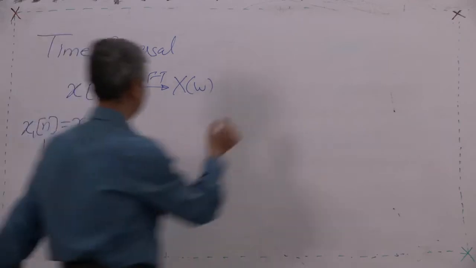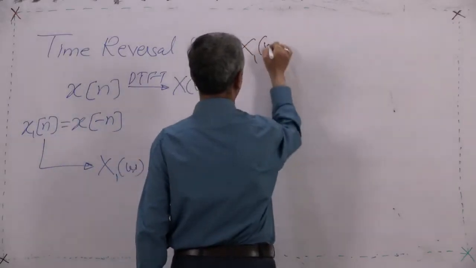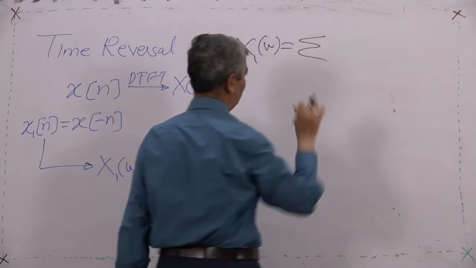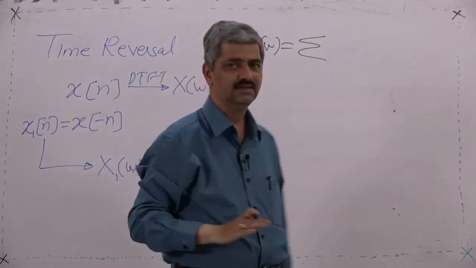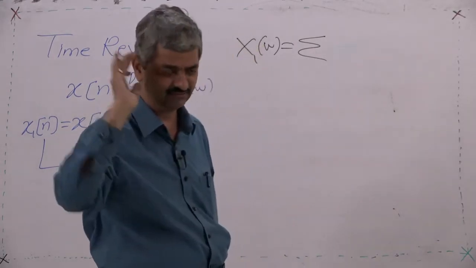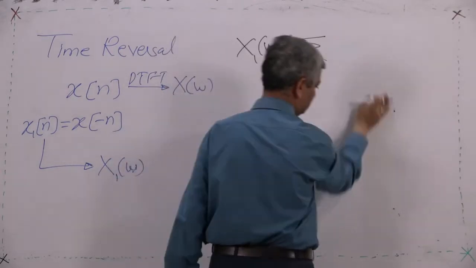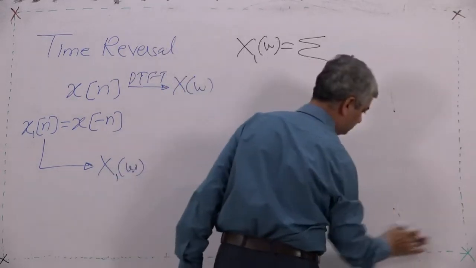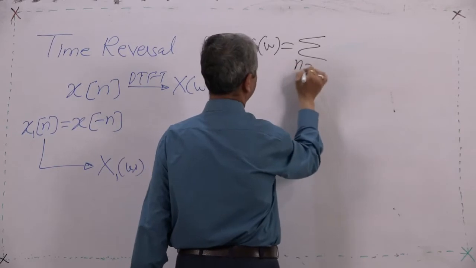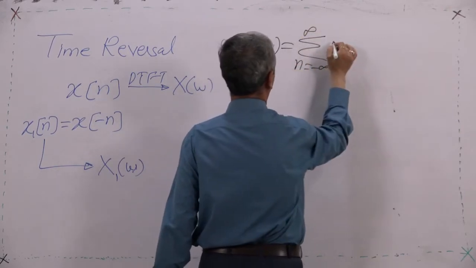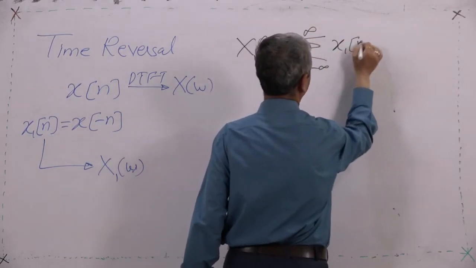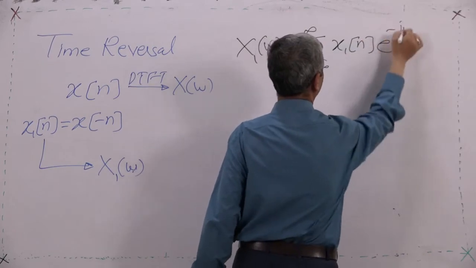So, what is X1(omega)? We always start with first principles, ab initio, which is standard terminology. X1(omega) is the summation from n equal to minus infinity to infinity of x1[n] e raised to minus j omega n.